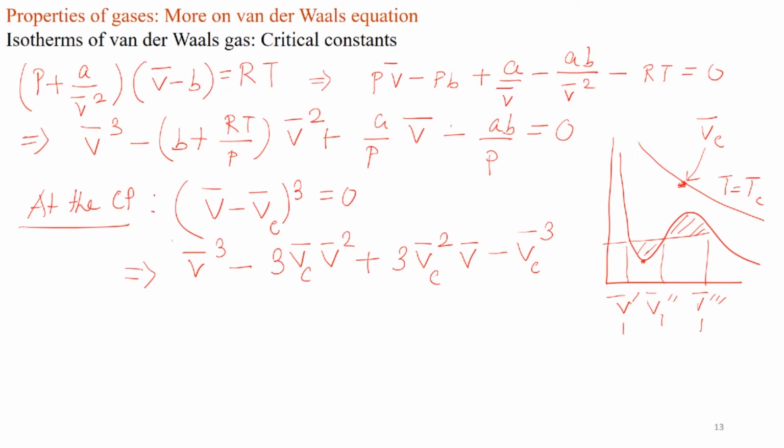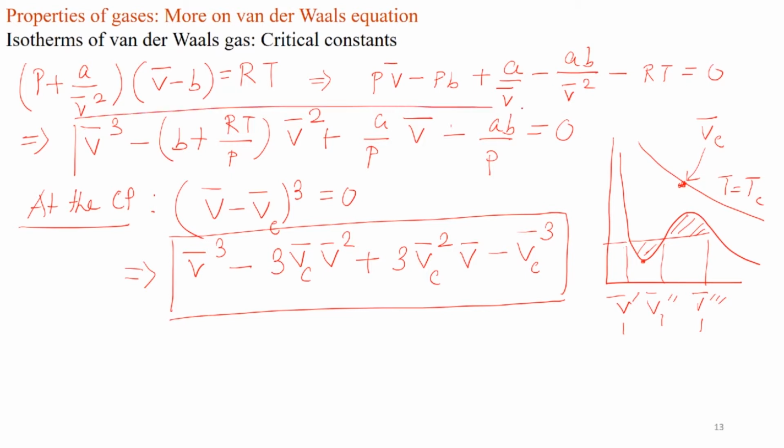We said that at the critical point, I have an expression for a cubic equation like this, and also we arrived from the expansion of the van der Waals gas equation that the nature of the equation is cubic. Now we can compare term by term for these two equations to get very interesting relations.